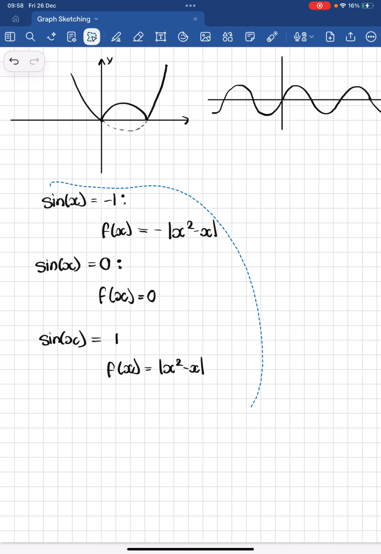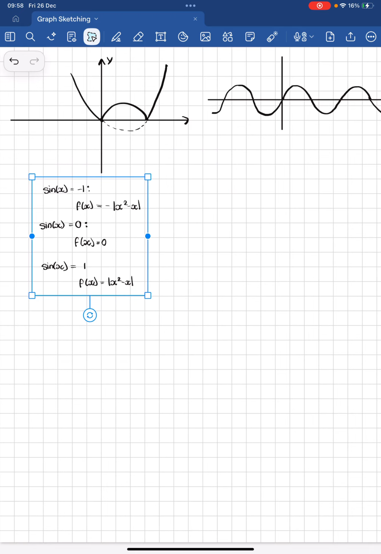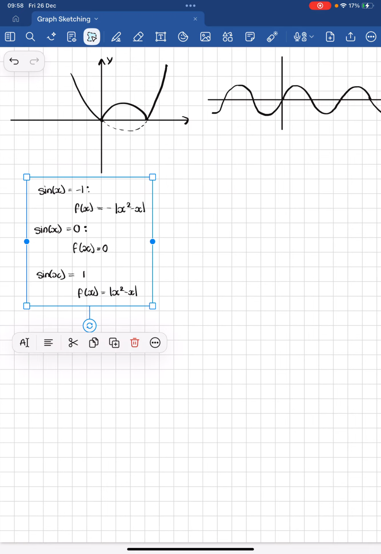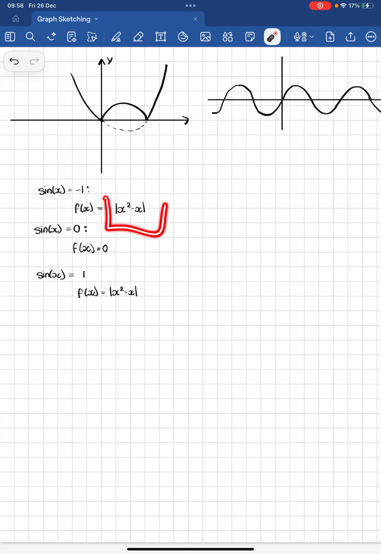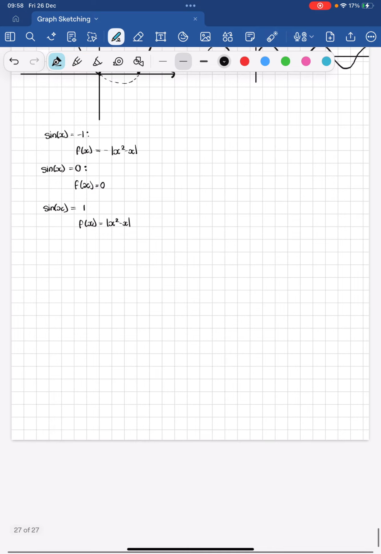So let's shrink this and sketch mod x squared minus x and minus mod x squared minus x, sorry. Yeah, so we're sketching these two graphs because we know our graph will be no larger than these graphs here.